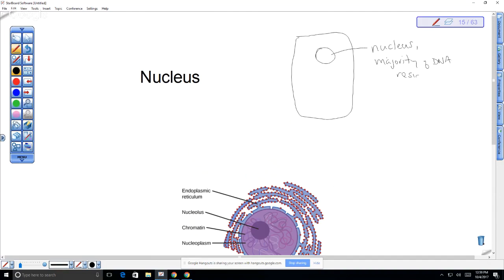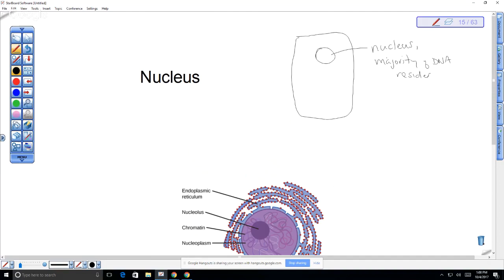It stays in the nucleus. It's kind of like having a library where you can't take any books out, but you can make photocopies of pages. It's got all the information for the cell to function, and the DNA itself never leaves the nucleus. It's packaged in the nucleus.